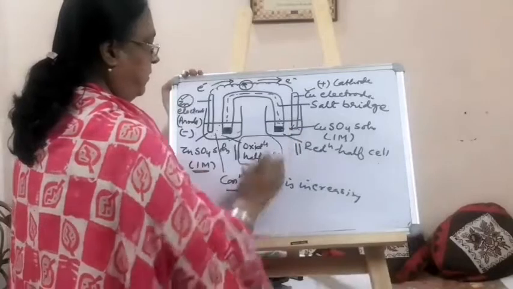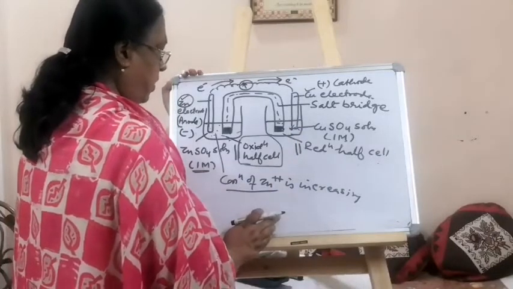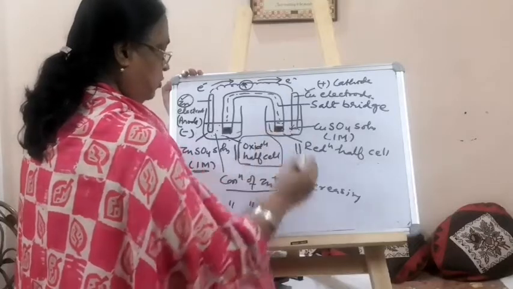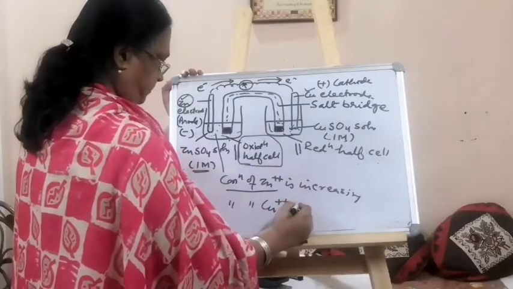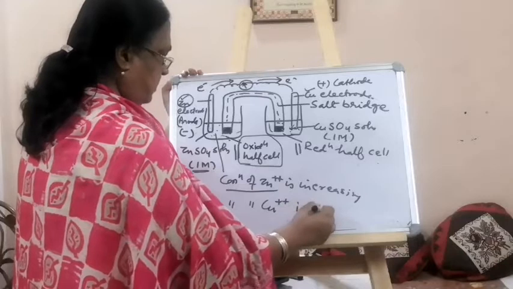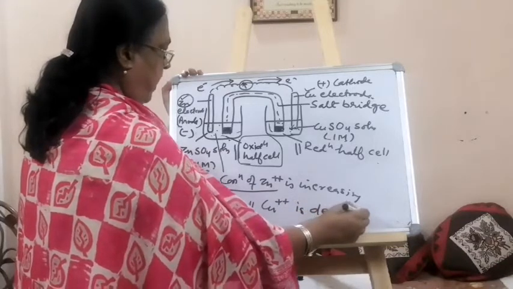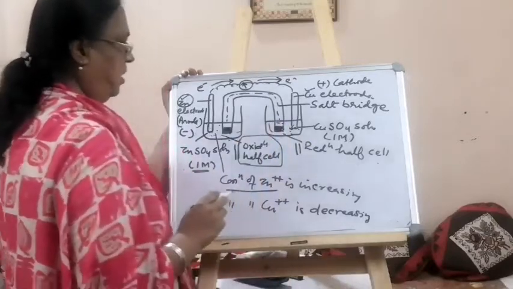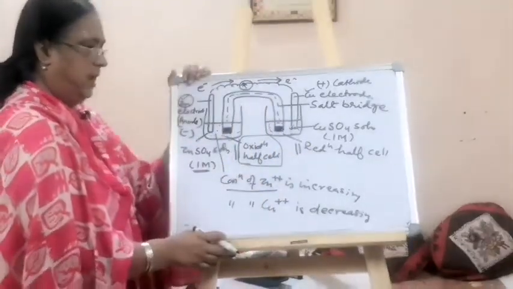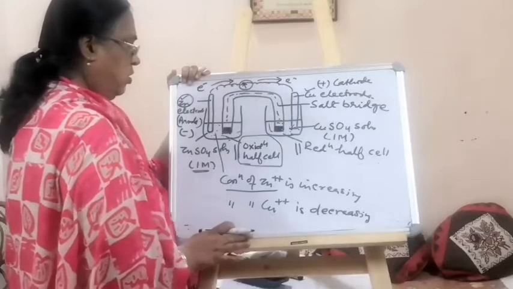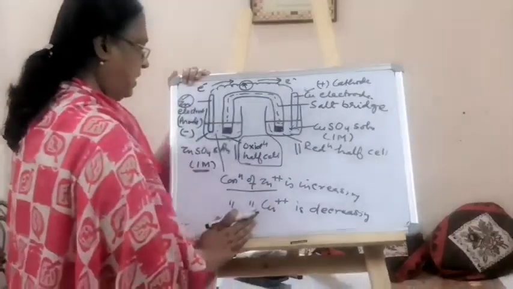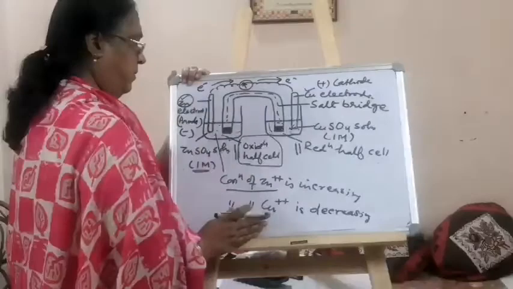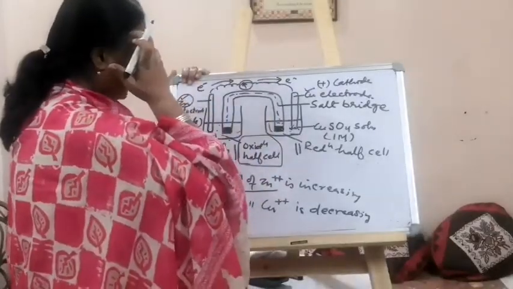And here the phenomenon will be just reversed. The concentration of copper ion in the solution is decreasing. Why? Copper ion is converted into copper solid, so the concentration of copper ion decreases. So you see that here zinc ions are increasing in number and here copper ions are decreasing.